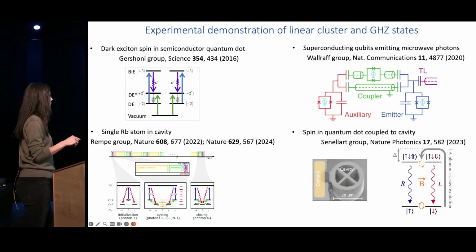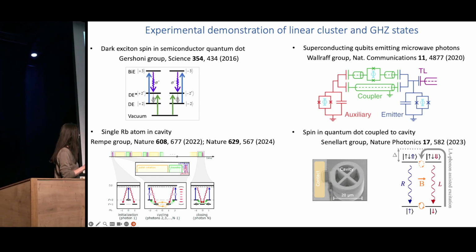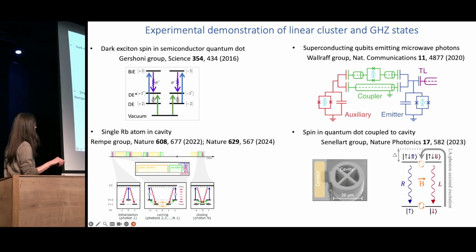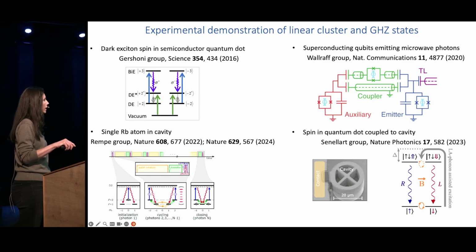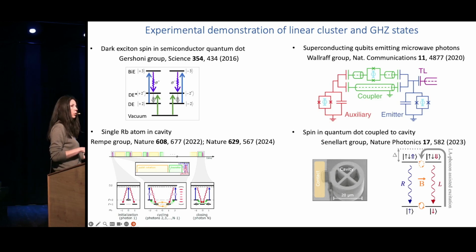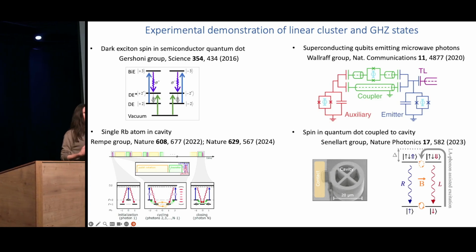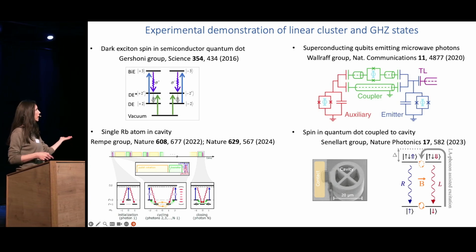There are very nice experiments by the Rempe group nearby, where they used atoms to create these states, and also by Pascale Senellart and Quandela, where they have quantum dots in a cavity and they can extract these photons fast. So here you're trying to alleviate the problem of the probabilistic generation of photon-photon entanglement by using the matter qubit as an emitter.